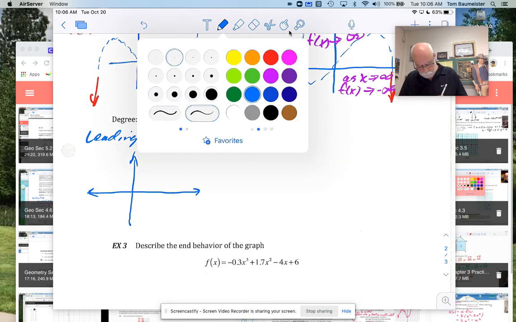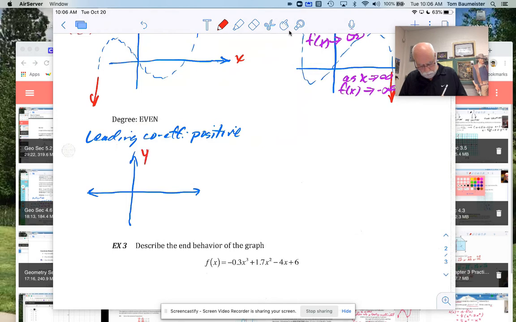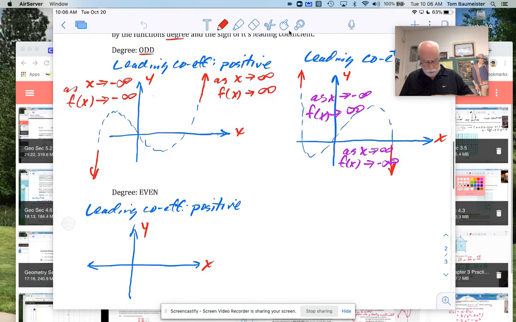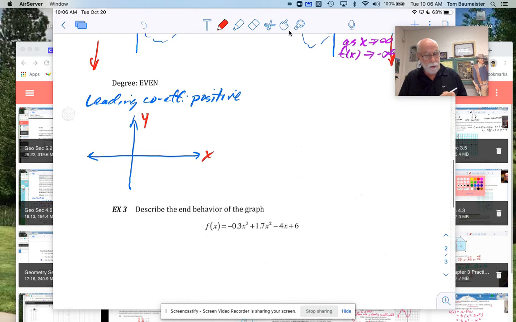Again, this is my y, this is my x. And we'll see that on both of these ones here. Just want to make sure they were still in red. So I'm going to have it go up like this when it's positive.